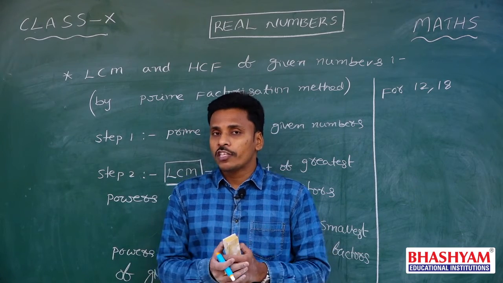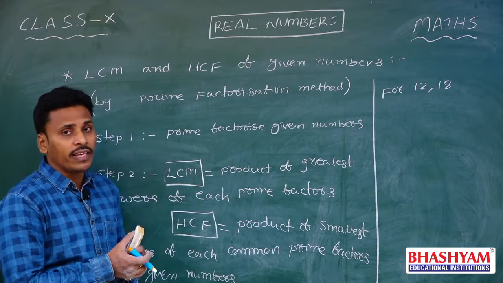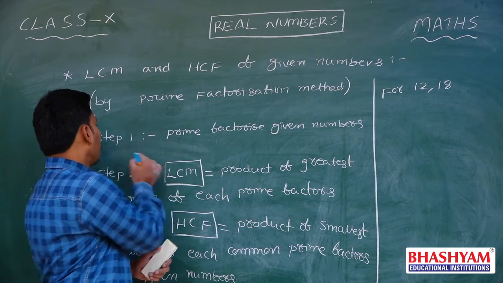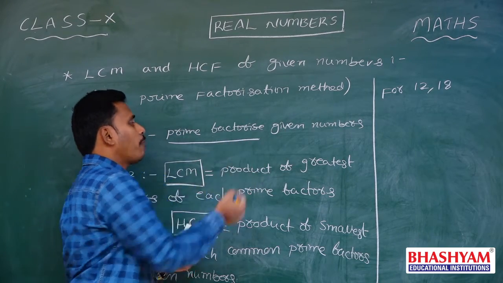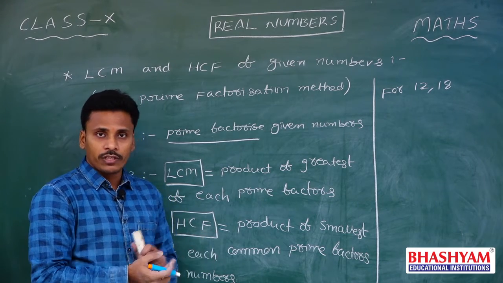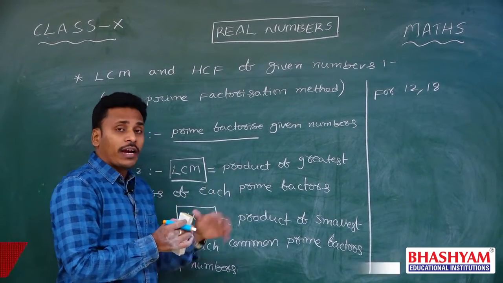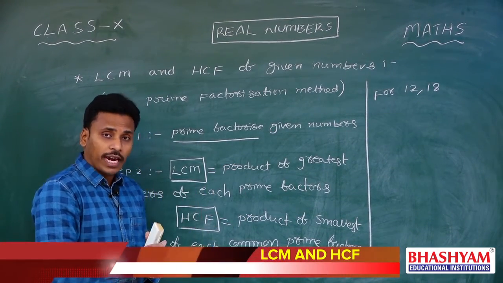First of all, you need to prime factorize the given numbers to find their HCF and LCM. The first step is to express the given numbers as a product of primes. The next step is, after prime factorization, you observe the prime factors.